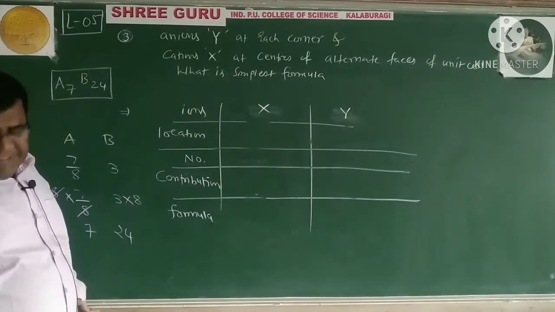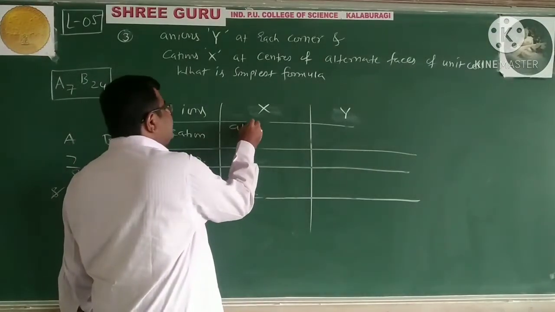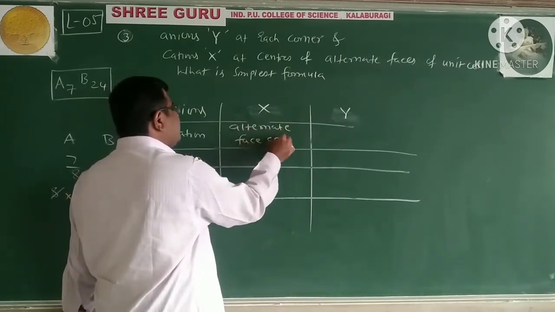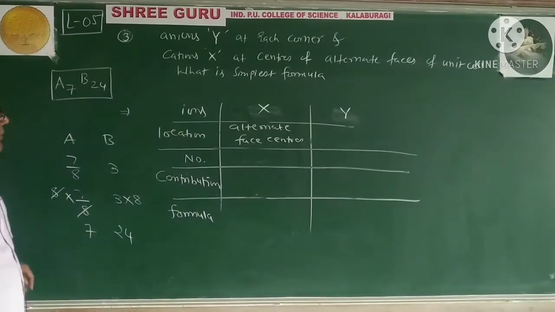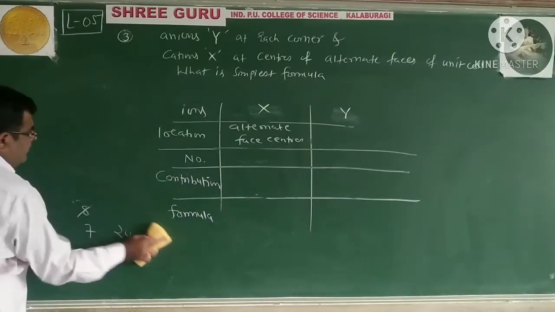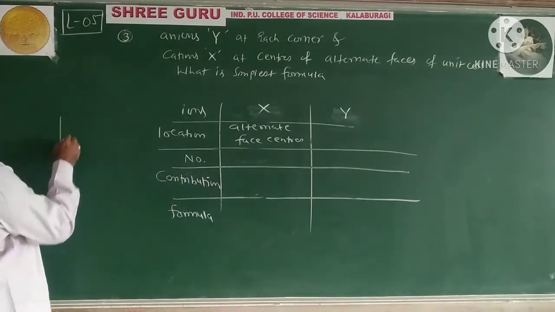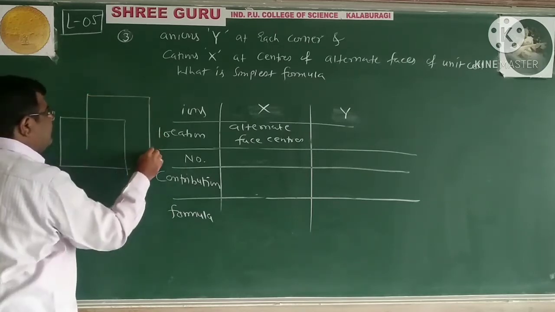X are present at alternate phase centers. Alternate phase centers. So what do we mean by alternate phase centers? This is the diagram I am drawing here.